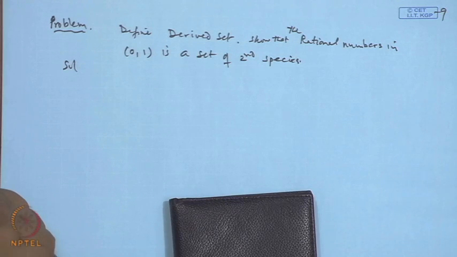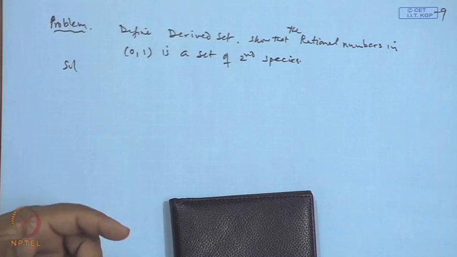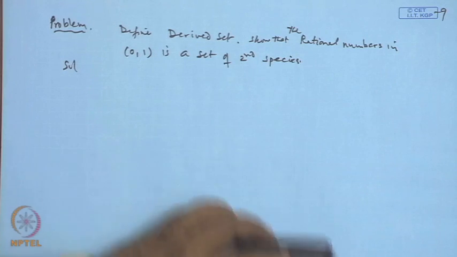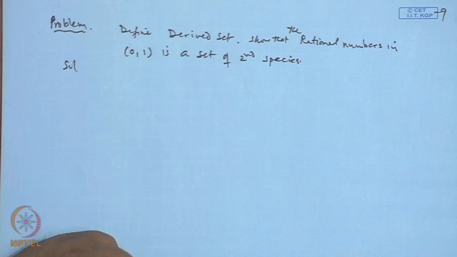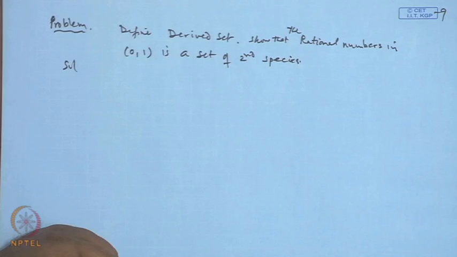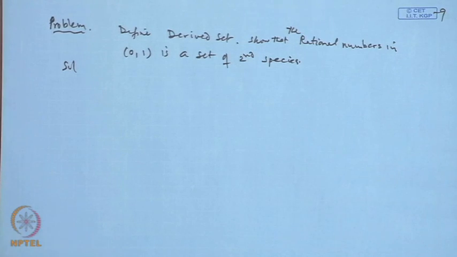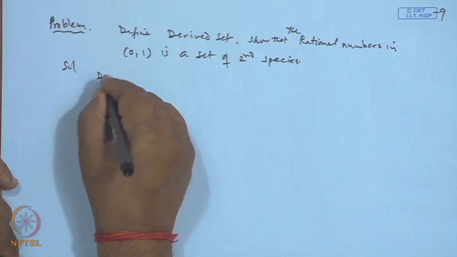Derived set. If the set S is an infinite set, then we can find the limit points of this set. An infinite set may have many limit points or may not have a limit point, depending on the set. So if the set is infinite, there is a possibility of having limit points. So we define the derived set as follows.